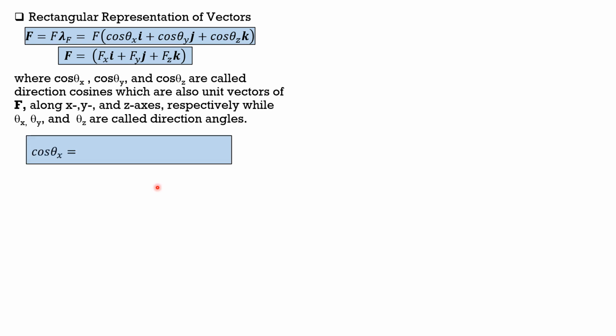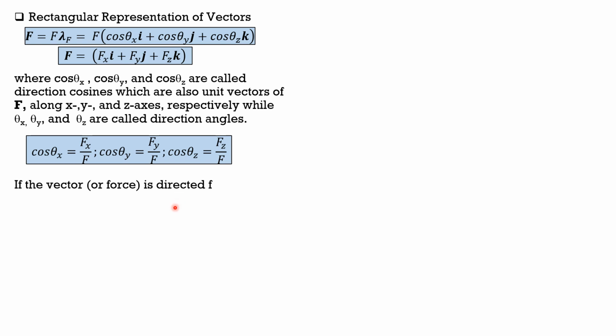So cosine theta x is simply Fx over F, cosine theta y is Fy over F, and cosine theta z is Fz over F. This is also explained in Statics for Beginners too.